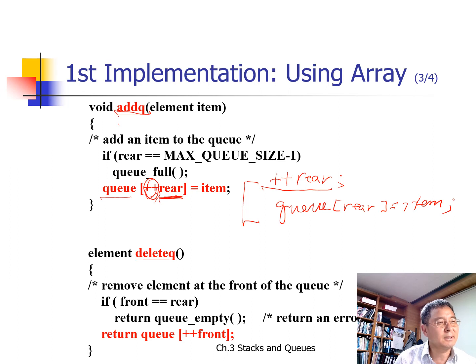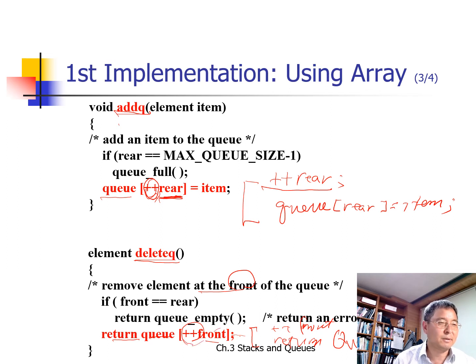The other one is delete queue, which deletes an element from the queue at the front index. You will return queue[++front]. Yes, you must increase front first: ++front, and then return queue[front]. It has the same meaning.